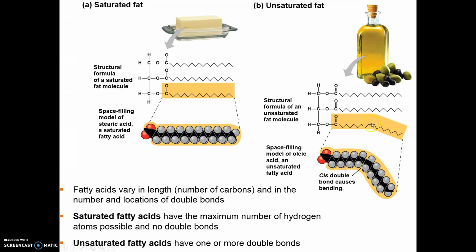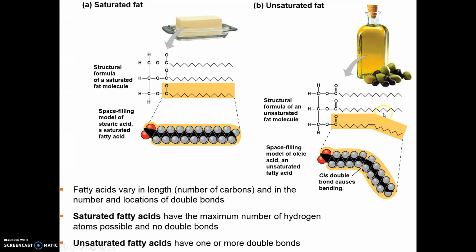The way that nature uses is to put all of these in a cis conformation, meaning both chains are on the same side. Now, when you introduce this double bond, this actually creates a kink in the overall chain.